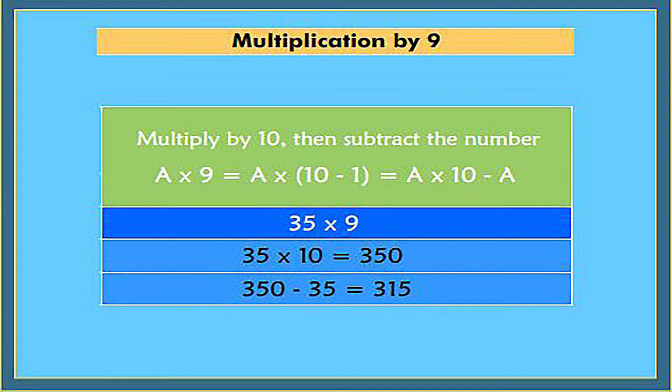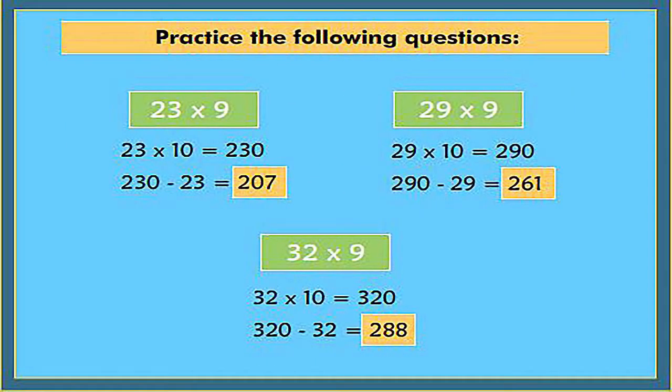Now we have 3, 6, 7, and 9 left. We'll attack multiplication by 9 first. Rapid methods for 9 works as you see inside the table. It shows how to calculate 35 times 9. I'll admit that subtraction isn't easy, so let's try only smaller numbers such as 23, 29, and 32.